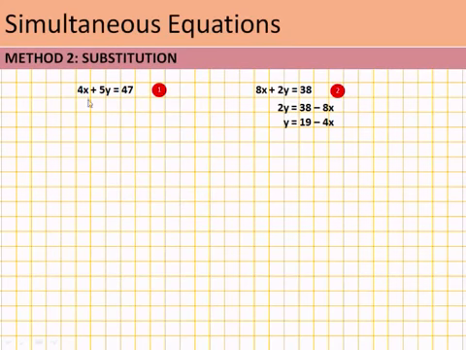Here's another way of doing it. So the first equation was 4x plus 5y equals 47. The second equation was 8x plus 2y equals 38, which we can rearrange a bit to make into y equals something. Well, now that I've got what y equals, I can put that where y is in the other equation.